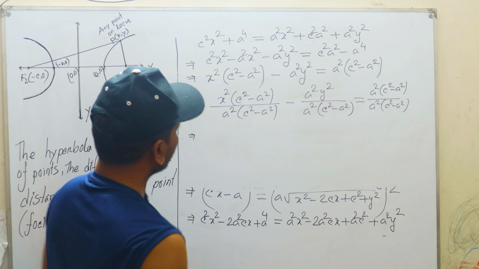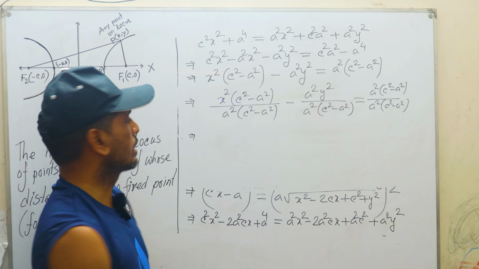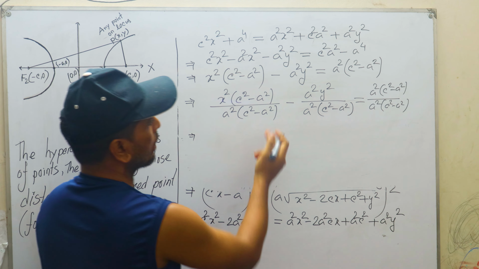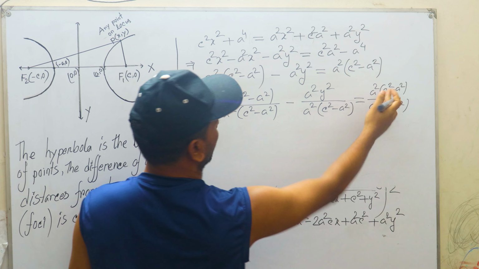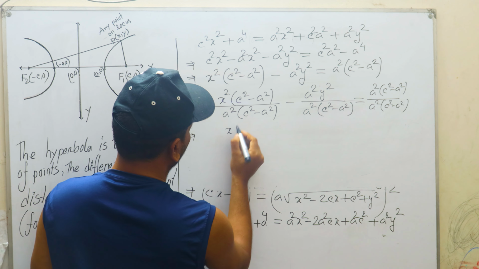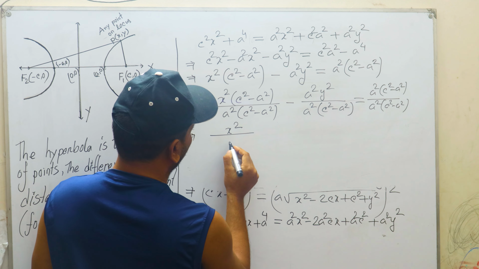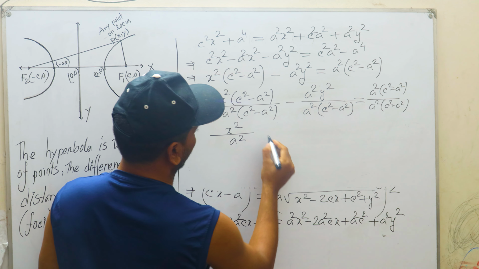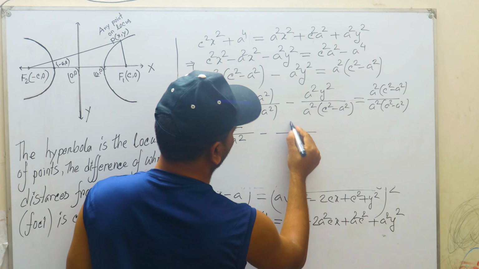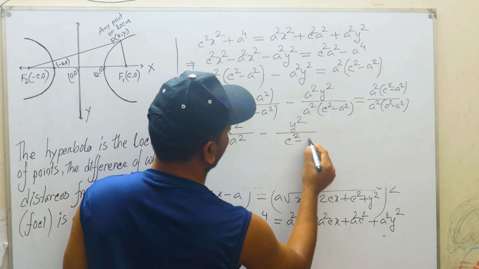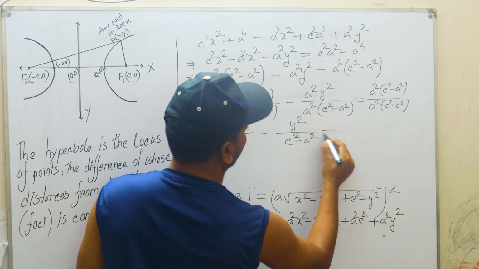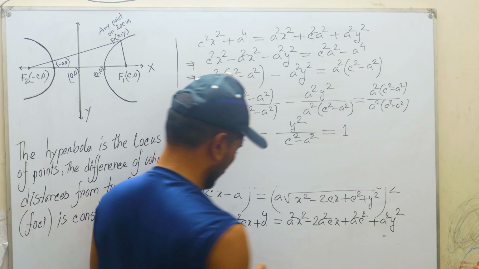Similar terms cancel, top and bottom, a square cancels, and here also, and we get x square by a square minus y square by (c square minus a square) equals 1.